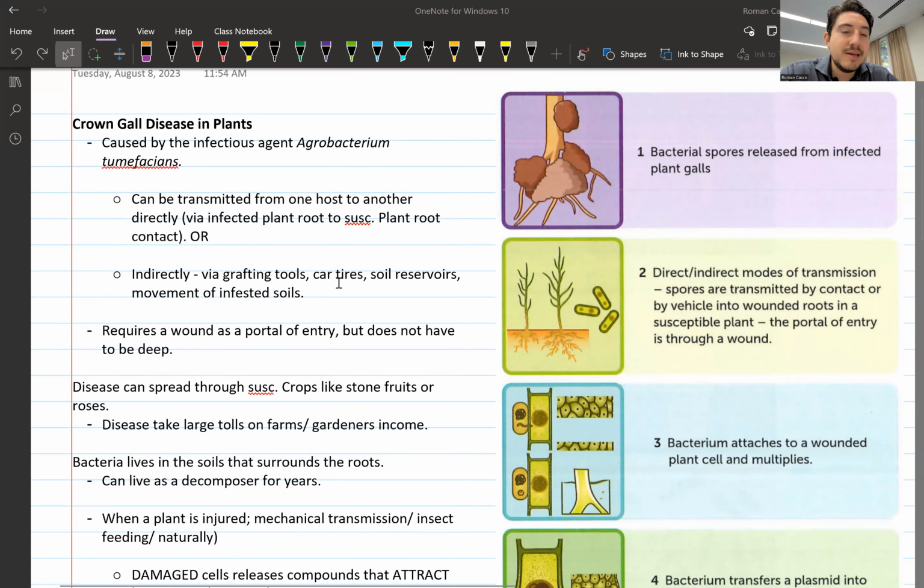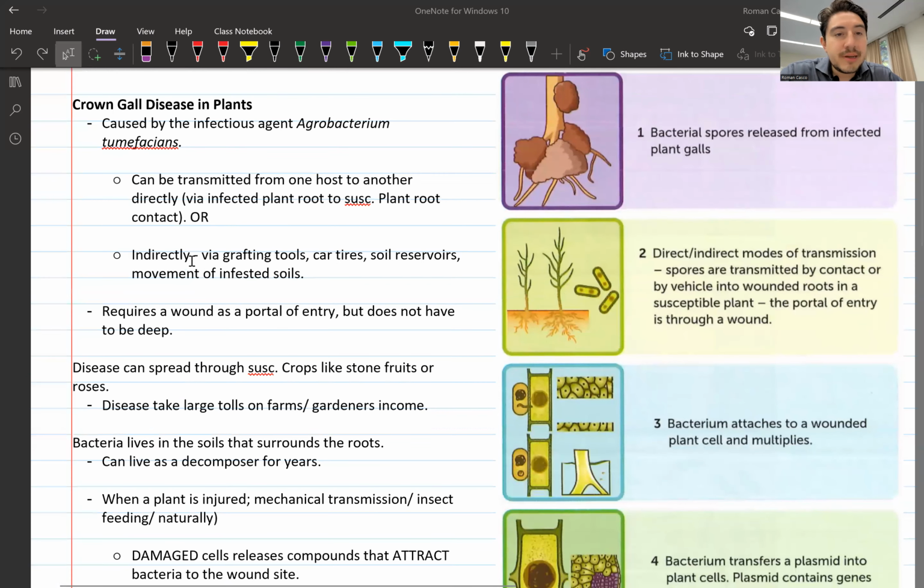Car tires can easily collect soil material, spores of the bacteria, and move it from one location to another. So even collecting soil from an infected area and moving it to fresh soil that is not infected, that's the disaster happening there.